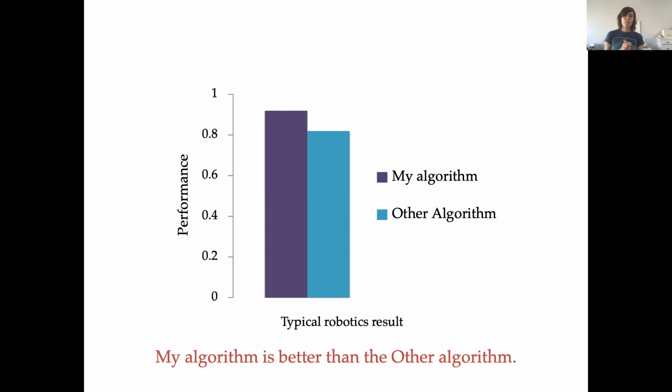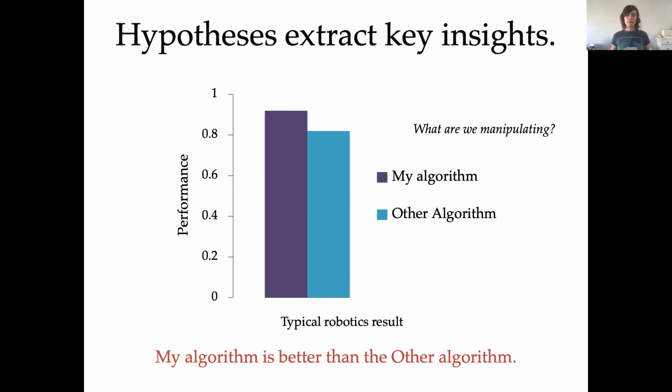And I think what's missing here a lot of the times is really sitting down and thinking, what is it that we're manipulating? What is the independent variable, or set of independent variables? What are we changing here when we go from the other algorithm to my algorithm? And I think that's really important because forming a hypothesis in this way, by really thinking about what is the thing that you're changing, is going to force you to really articulate what your idea is, what your key insight is, right?